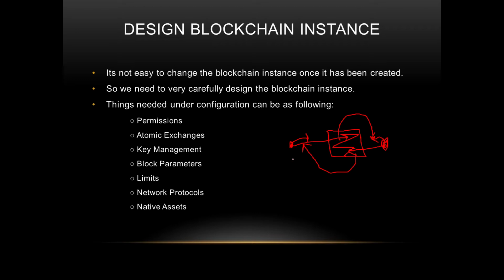So these are the basic exchanges. Key management. I've told you that there are two keys, one is the private key and one is the public key. So how can you manage these keys? How can you create these keys?